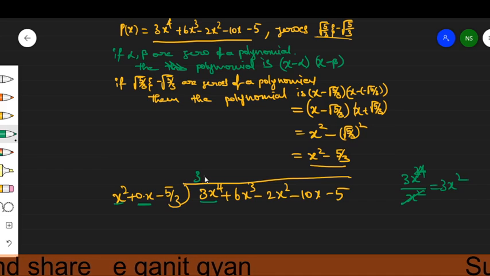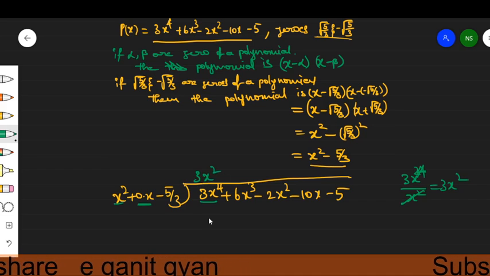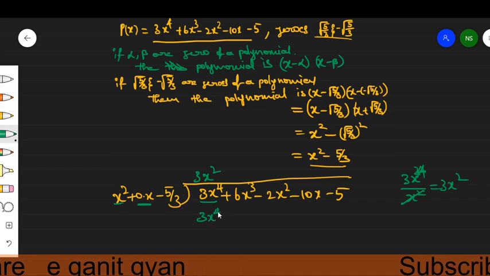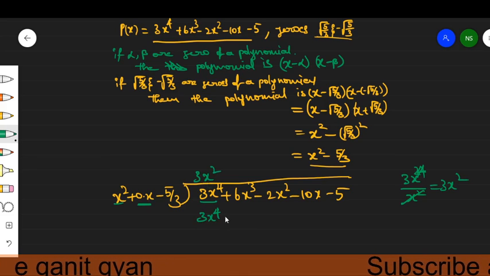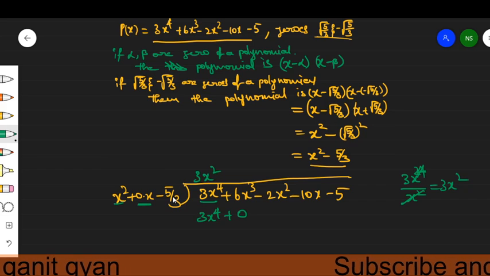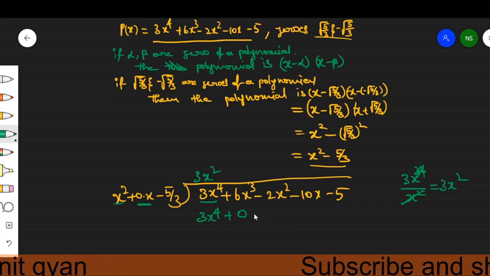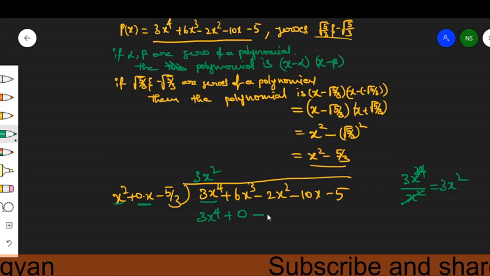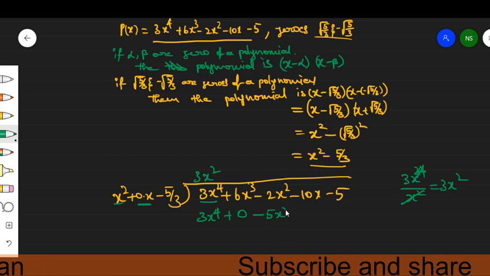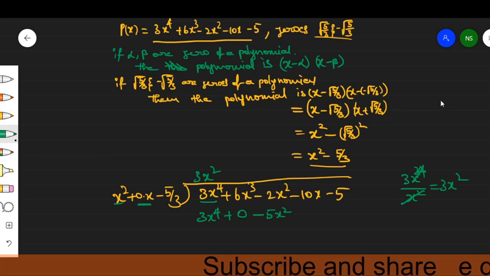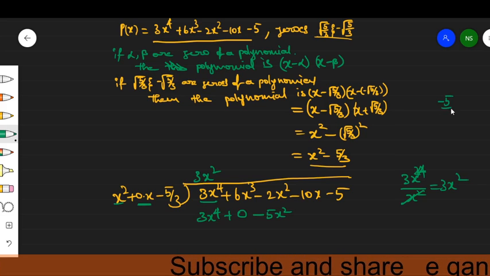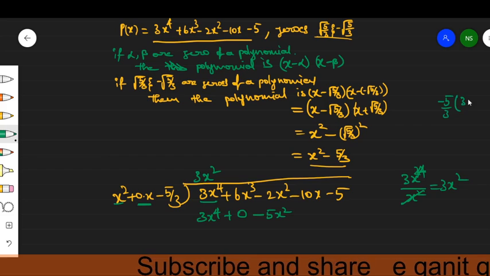Write this 3x² here. 3x² into x² is 3x⁴. 3x² into 0 is 0. 3x² into −5/3 will give −5x². How will we get that? It is very important: −5/3 into 3x².